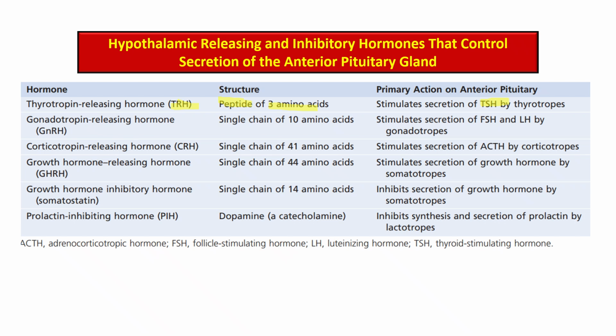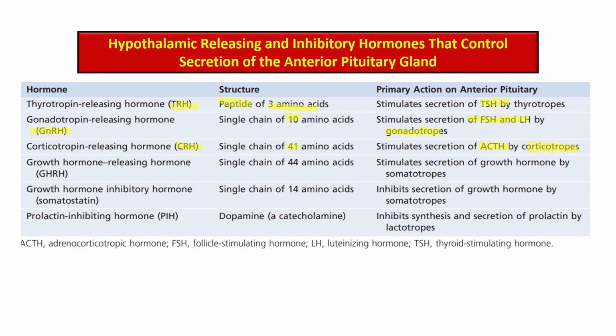The gonadotropin releasing hormone is a single chain of 10 amino acids, and it stimulates the secretion of FSH and LH by the gonadotropes. The corticotropin releasing hormone or CRH is a bit larger. It is a single chain of 41 amino acids, and it stimulates the secretion of adrenocorticotropic hormone by corticotropes.